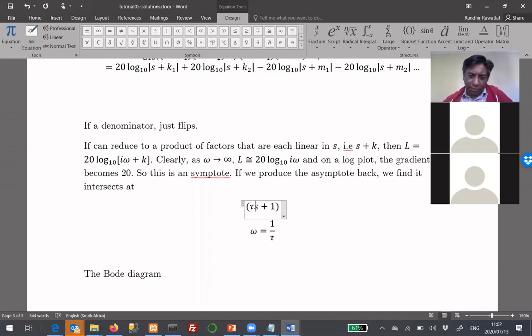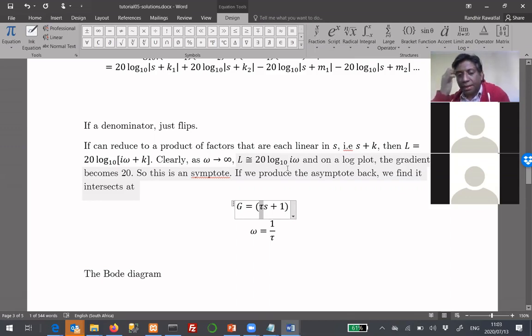So if G equals tau s plus 1, the value of tau that you have there is going to be the number you stick in here, and that gives you the value where we are switching from the flat line to the 20 decibel line. So we call it the 20 decibel line because you can see the gradient is going to be 20, and that's on the basis of log 10 scaling. So that's the so-called 20 decibel line.